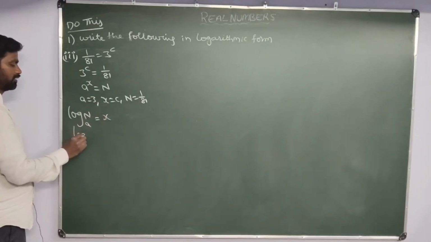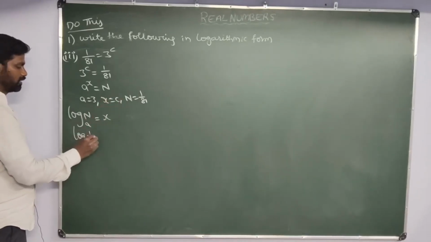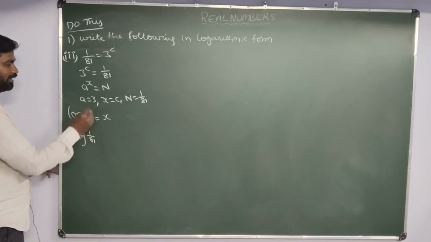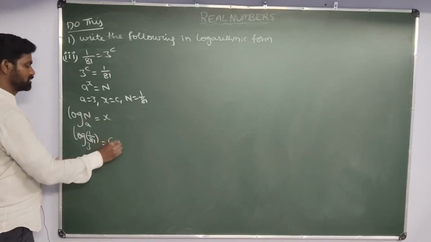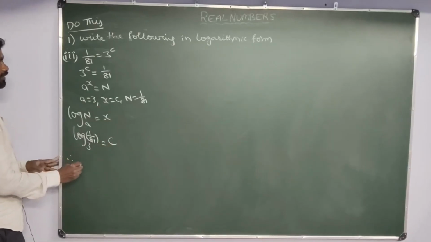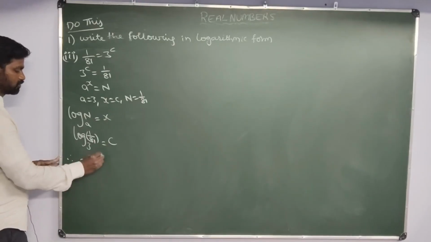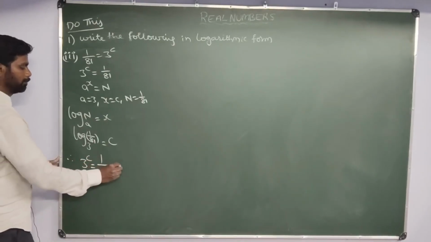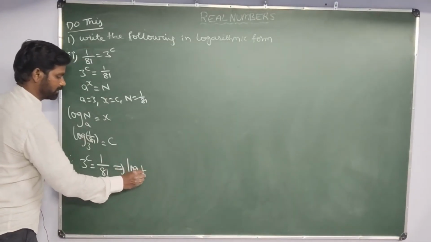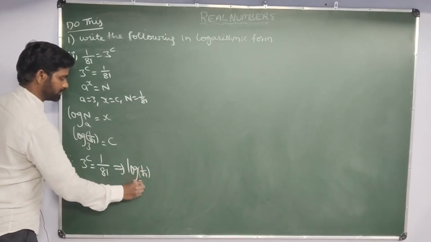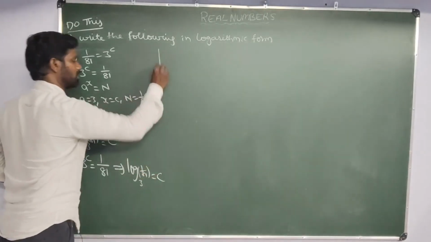So log n, what is the n value? It is 1 by 81. Base a is 3. That is equal to the x value, it is c. Therefore, we can write 3 power c is equal to 1 by 81 implies log 1 by 81 base 3 is equal to c. That is the answer.